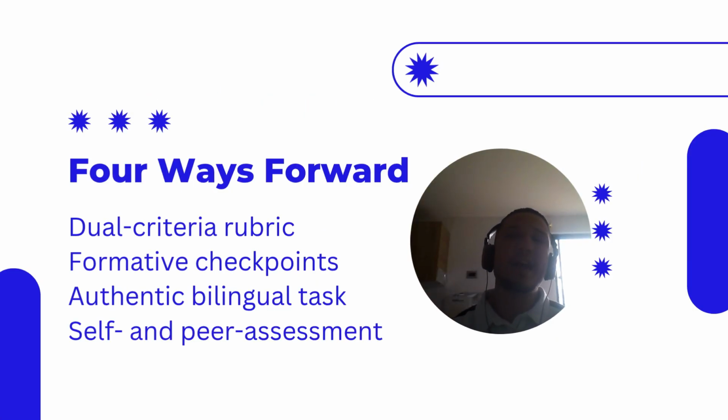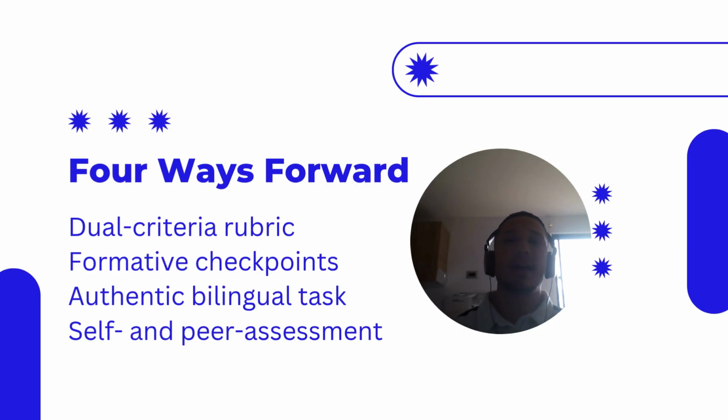So, what can we do? First, a dual criteria rubric: one column for social content, one for English use, graded separately. Second, formative checkpoints like a class-built bilingual glossary with feedback before the final test.